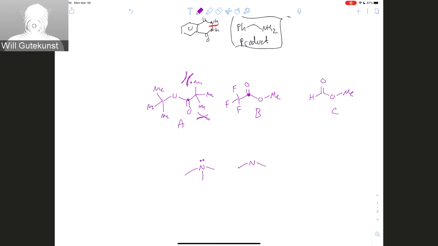Whenever we go and now put this lone pair into resonance, let's say we make an amide now, this lone pair wants to actually be in conjugation with these p orbitals that are going up and down on this pi system. So that means it will flatten out. And now this lone pair will be shared across two different atoms.